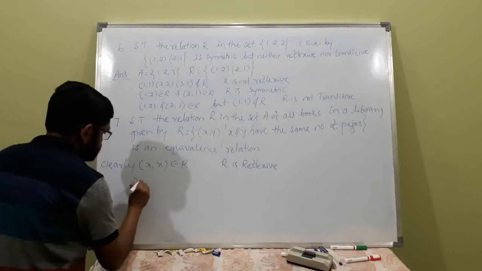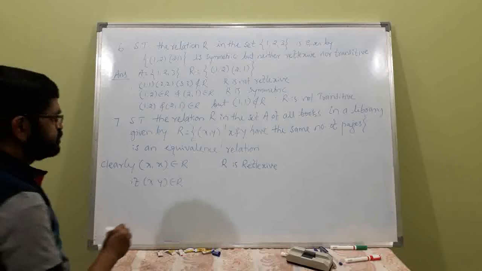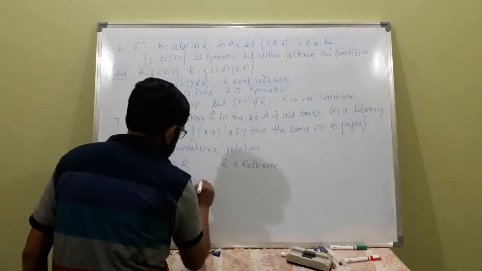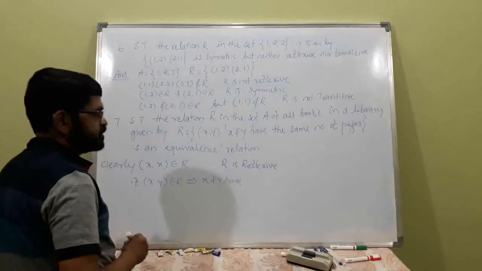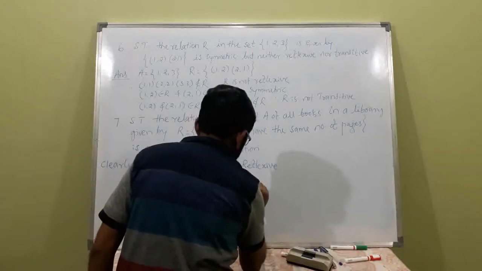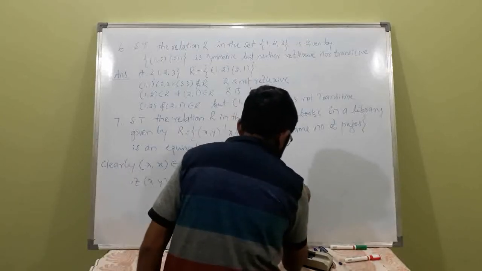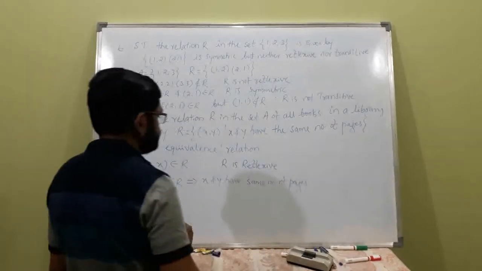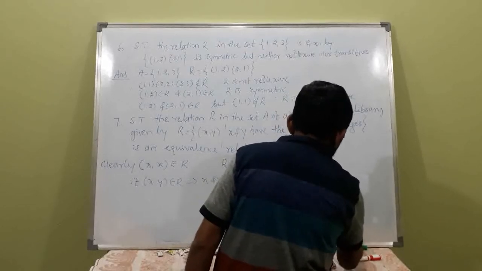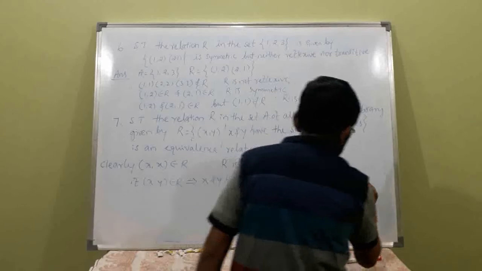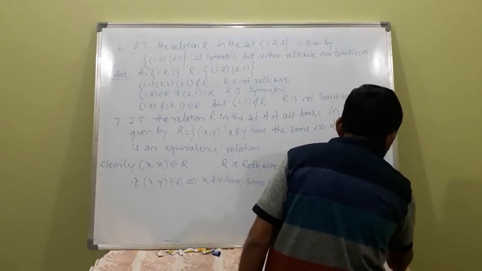If xy belongs to R, it means books x and y have the same number of pages. That implies y and x have the same number of pages.